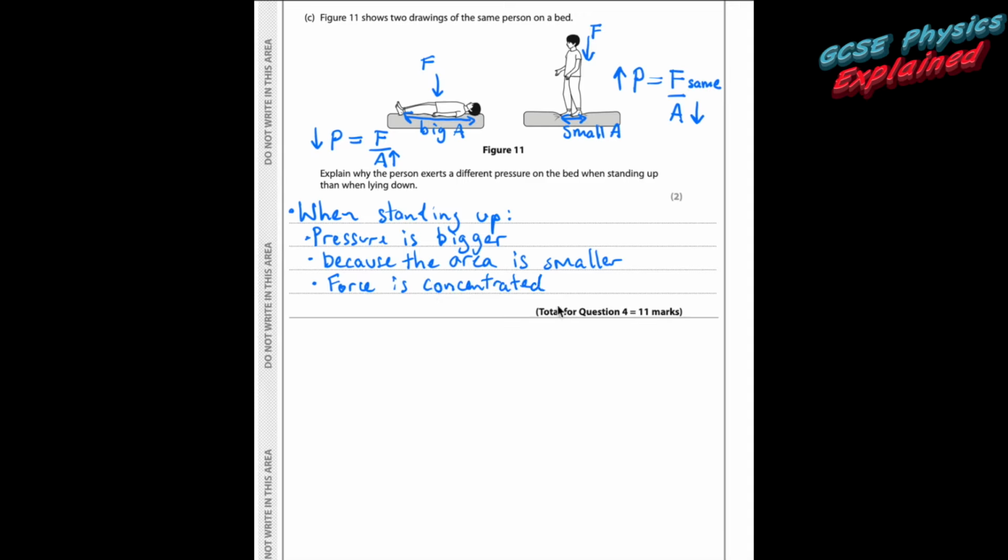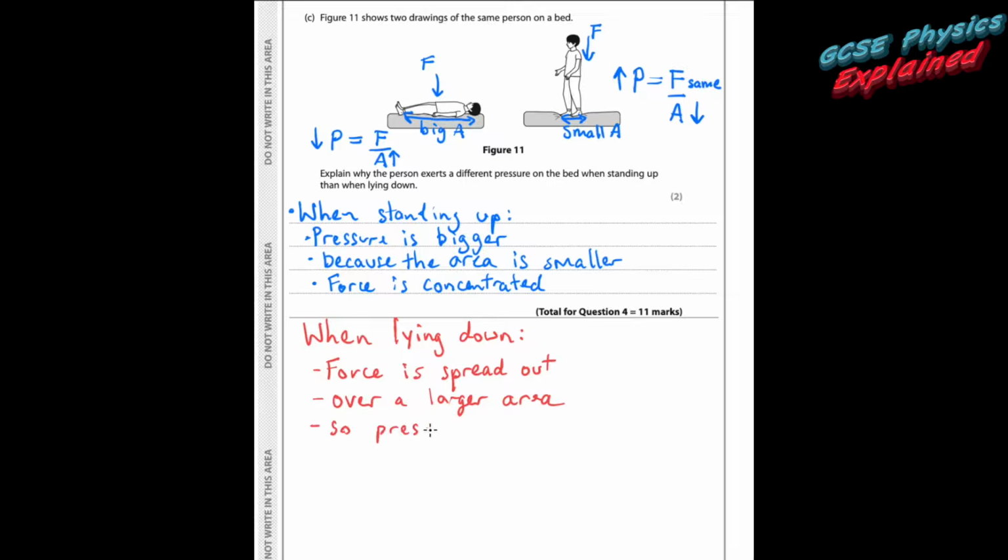And it would be the opposite if you'd said lying down. When lying down, the force is spread out over a larger area, so the pressure is smaller. Either say that or that. Hope that helps.